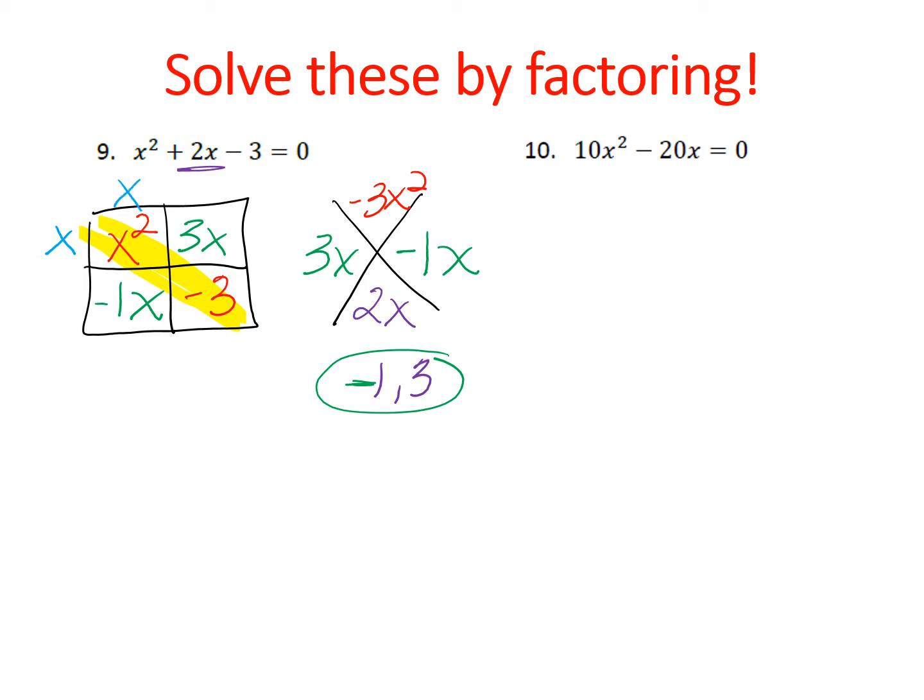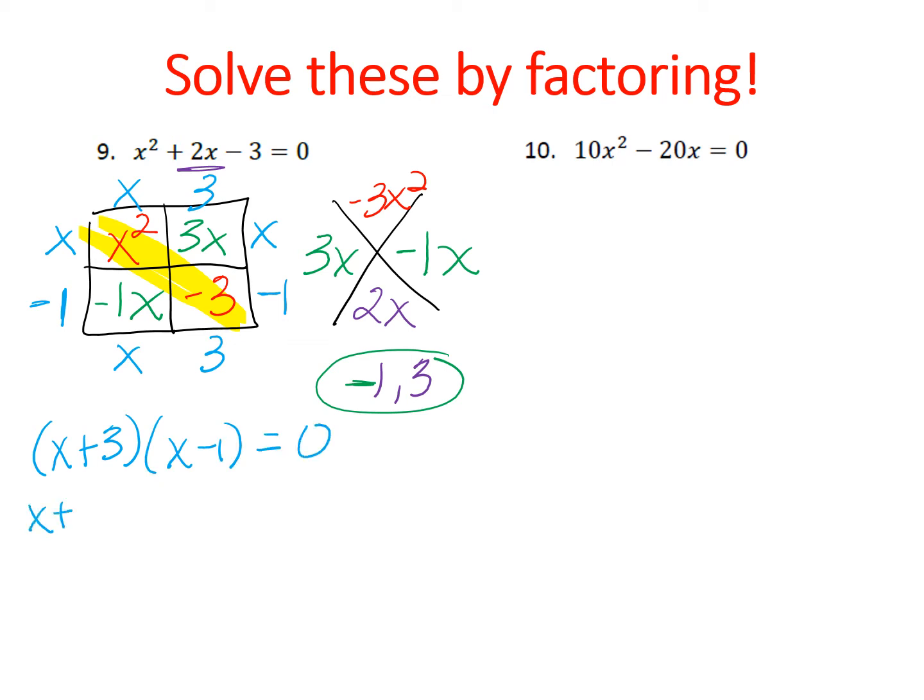Again, these are nice ones that just have the x times x for x squared. So hopefully reinforcing what we've done in the prior 2 weeks of remote learning. Then x times what gives me 3x? Can put that at the bottom. x times what gives me a -1x, so that's where we get a -1. And then check, is 3 times -1 equal to -3? It is. Now remember, we have to solve this. So our 2 factors are x plus 3 and x minus 1.